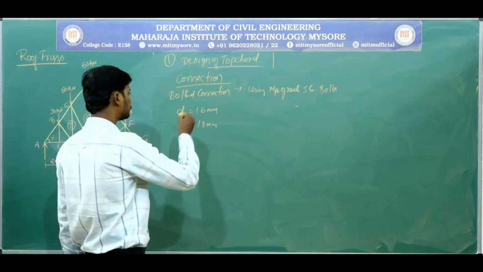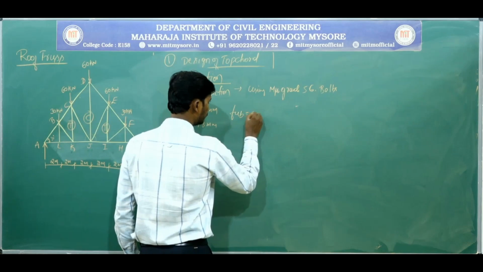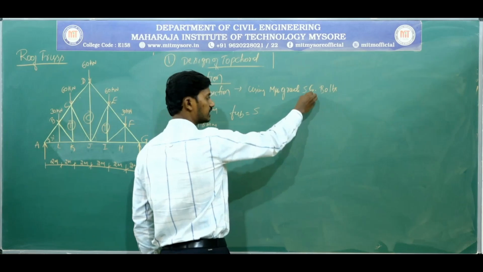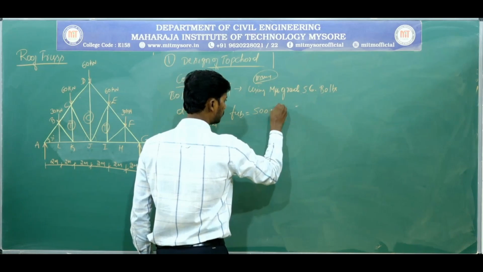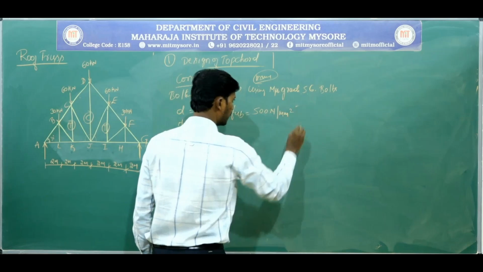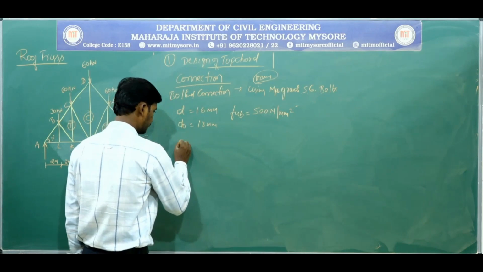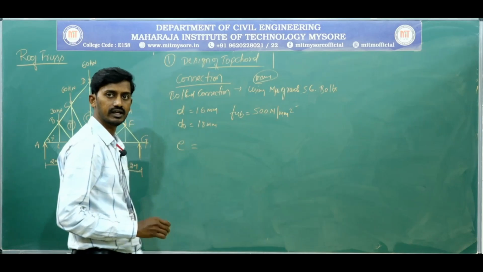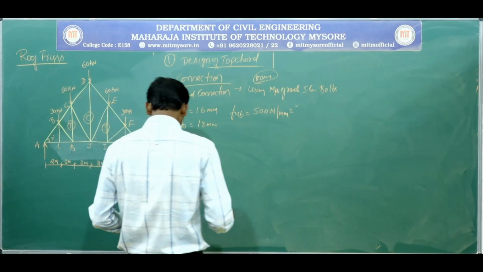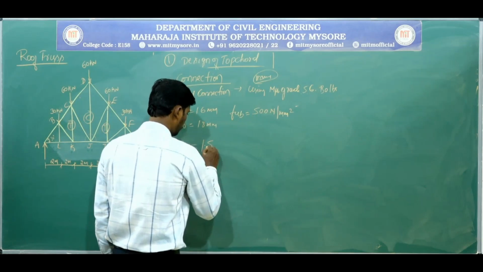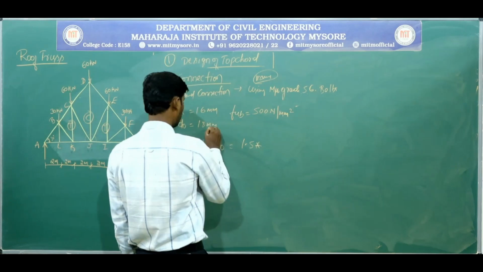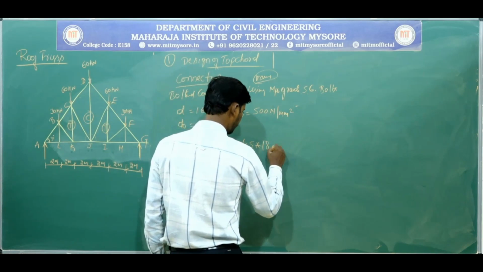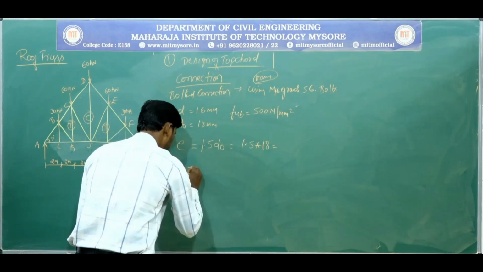And next, what is the ultimate strength of the bolt? As we have considered grade 5.6, it is 500 Newton per mm square. What is the edge distance? Edge distance will be 1.5 times D naught, that is 1.5 into 18. And what is the pitch distance?